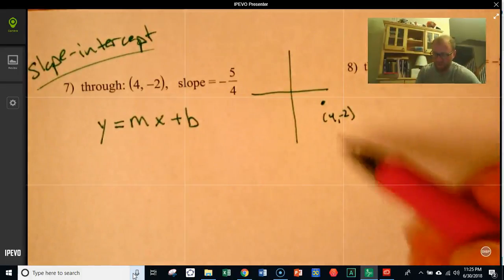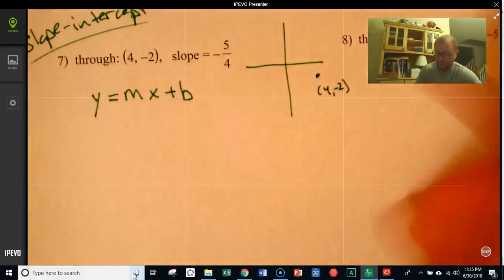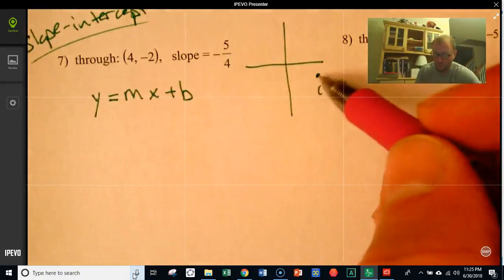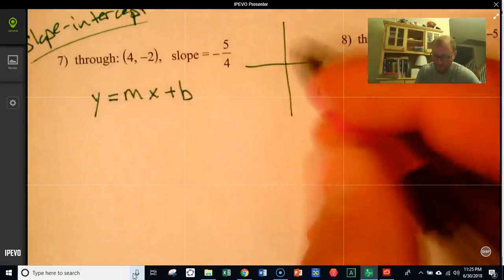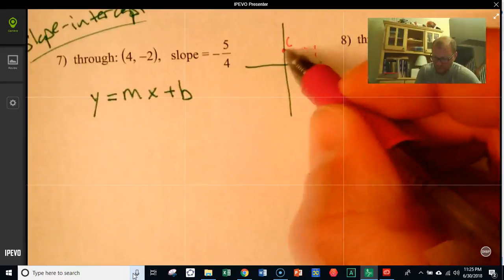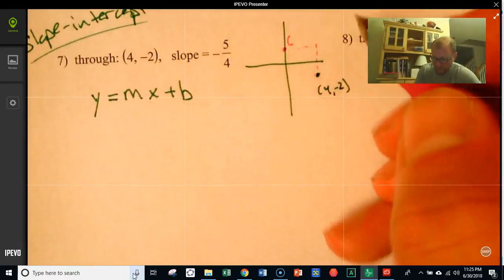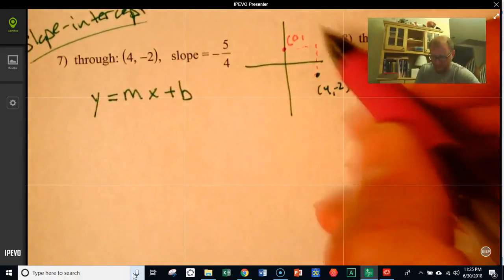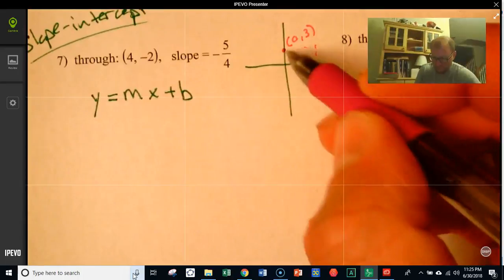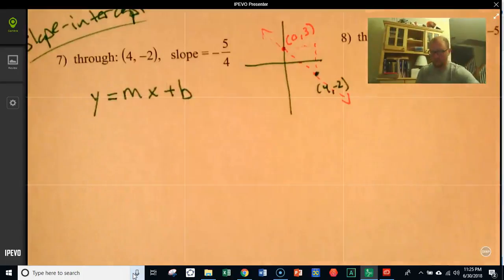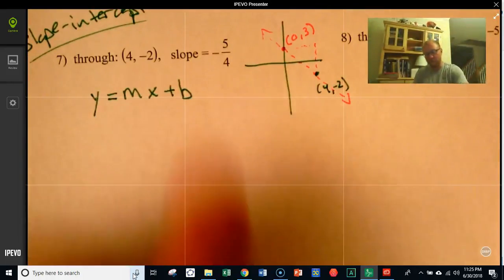With a slope of negative 5/4, this is actually a pretty good one, because this means it's going down 5 and forward 4, or up 5 and back 4, which would land it right at the point 0, 3. So this line has a slope of negative 5/4, so it goes down 5/4.